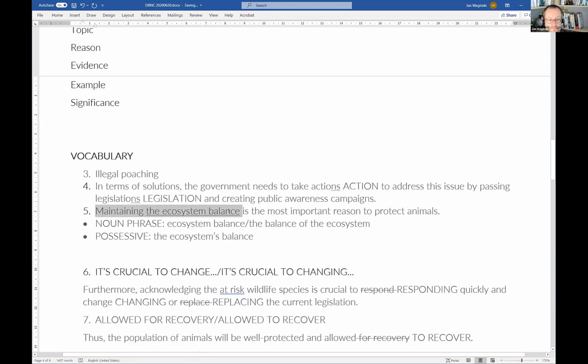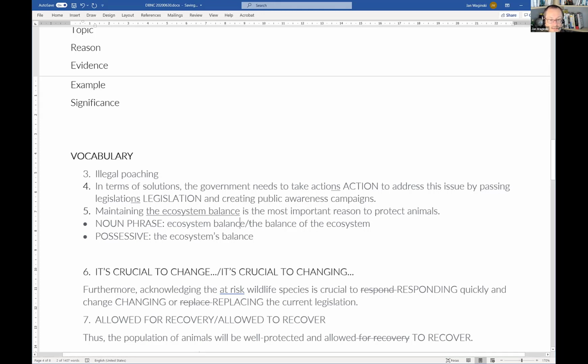Maintaining the ecosystem balance is the most important reason to protect animals. There's a couple ways to fix this. So maintaining ecosystem balance without the, it's a general concept. It's already specific enough. You don't need the in front of it.